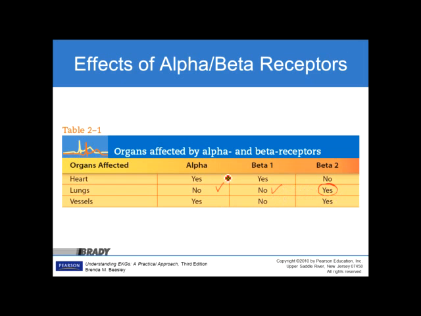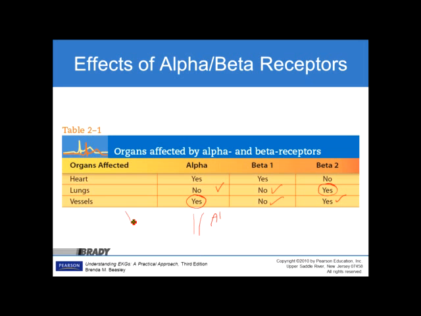And the vessels themselves, beta-1, no. Beta-2, yes they do, the smooth muscle and the tunica media, but pretty much they will respond to the alpha response more than anything. So if you're wanting to decrease the lumen of your vessels or vasoconstrict someone, an alpha-1 receptor is probably going to be the best.